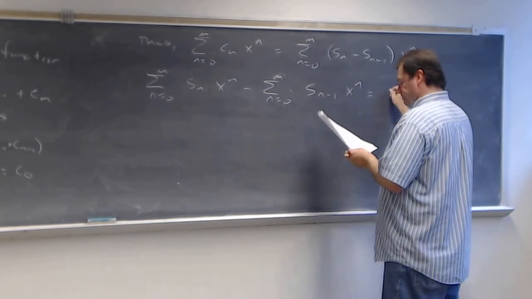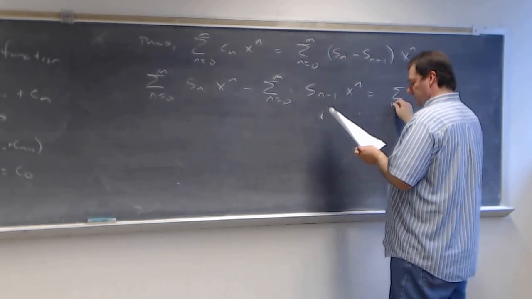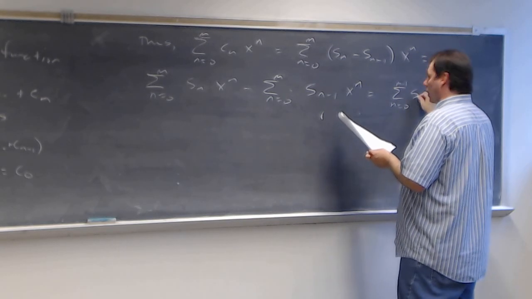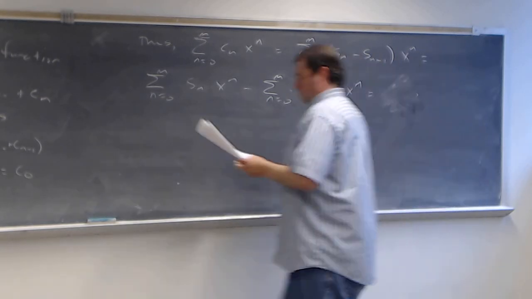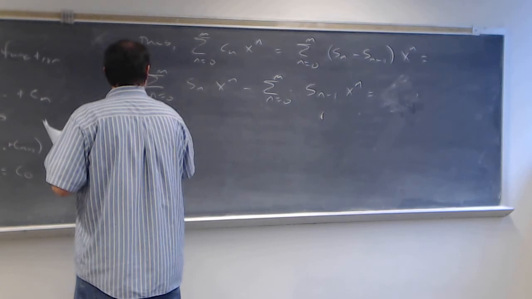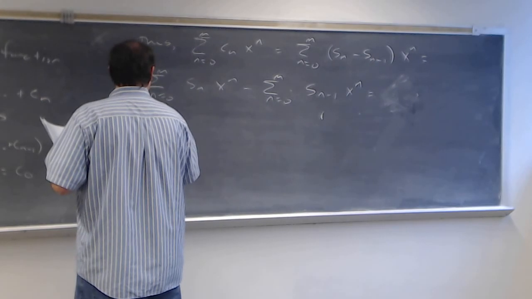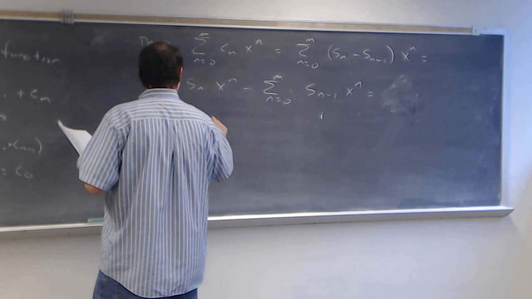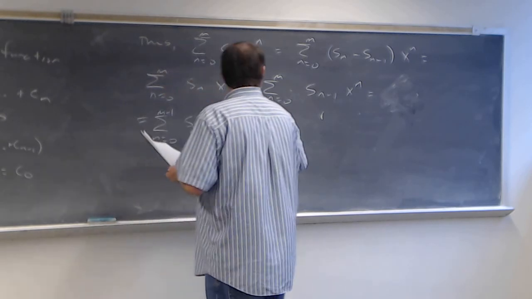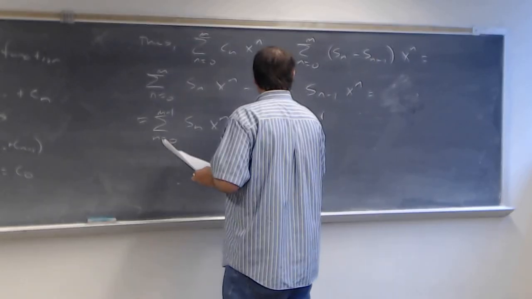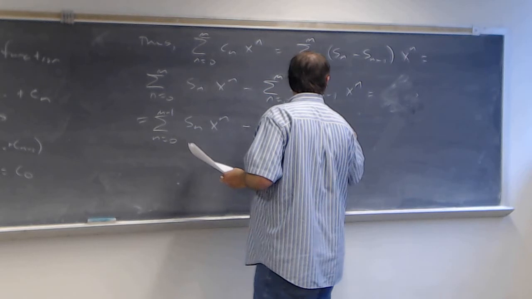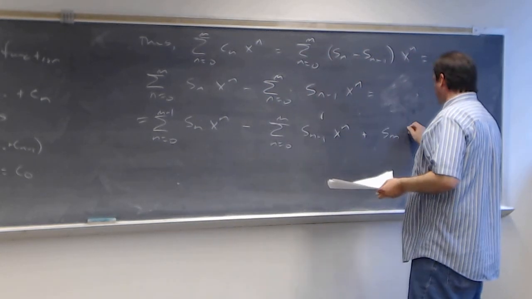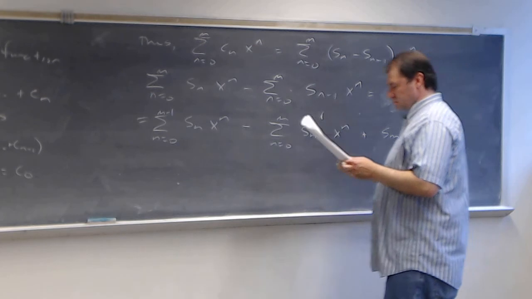which equals the sum as n runs from 0 to m minus 1 of s of n x to the n, minus the same sum here, plus the one term missing from over there, which is s of m x to the m.